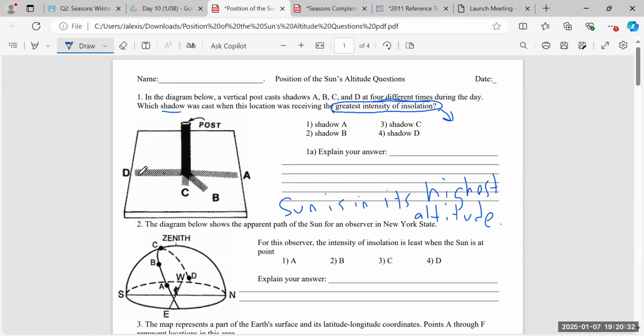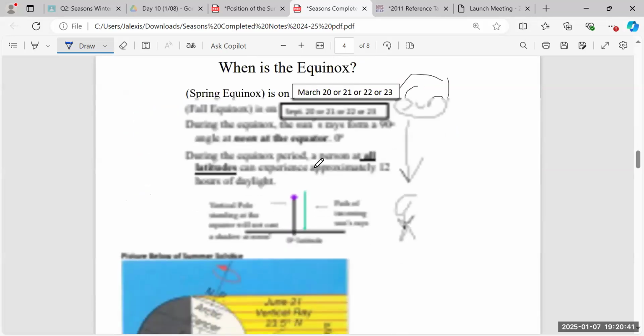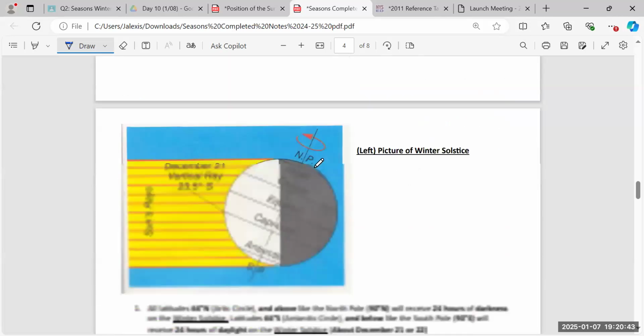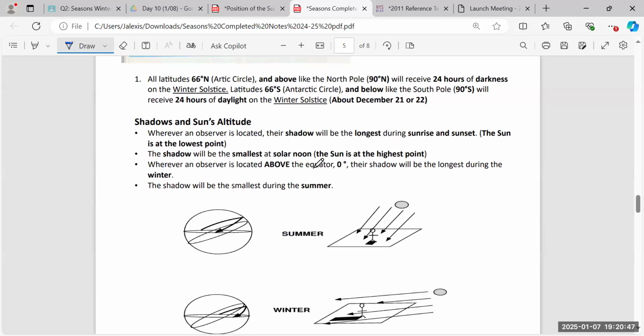So, what do I know about the length of a shadow when the sun is at its highest altitude? Well, if I look at page 5, they tell me the shadow will be the smallest at solar noon when the sun is at its highest point.